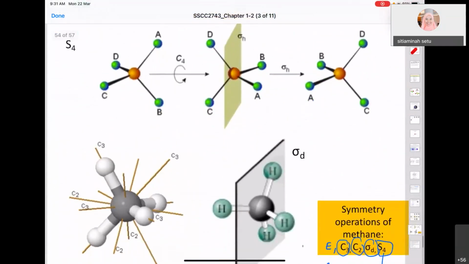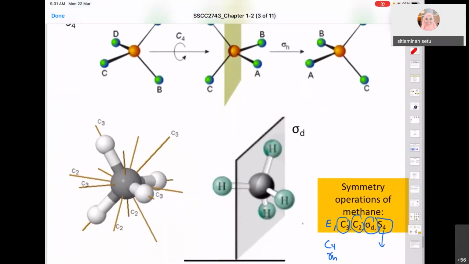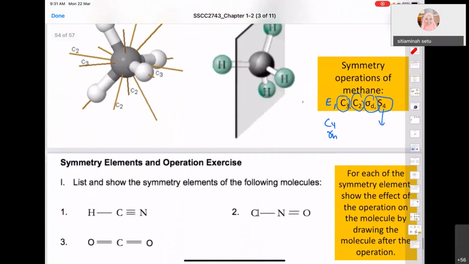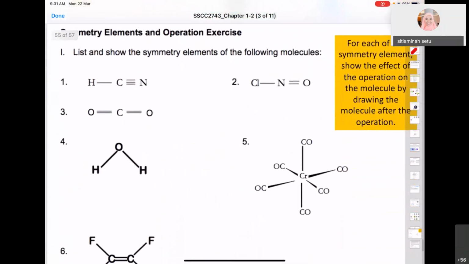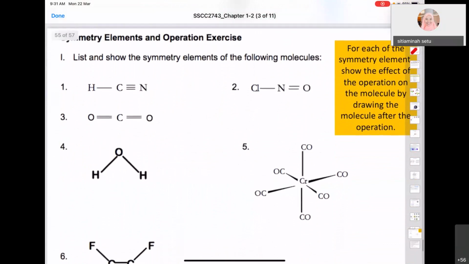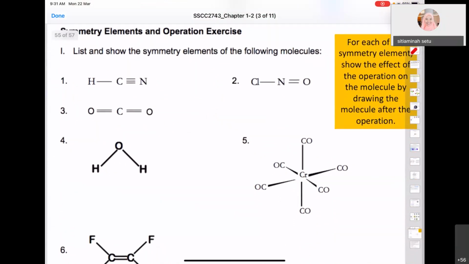So, improper rotation, ada soalan? Ada soalan tak? Tak ada, okay, so this is some exercise pasal symmetry elements and symmetry operation.